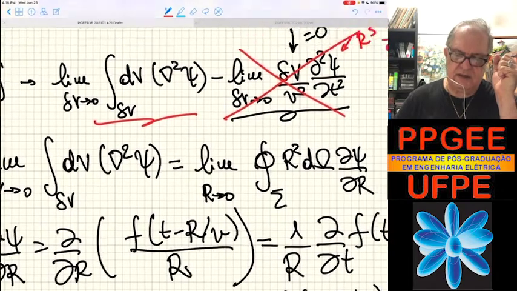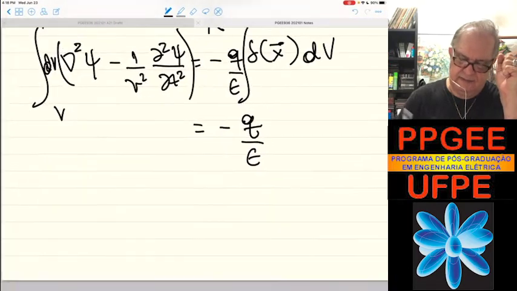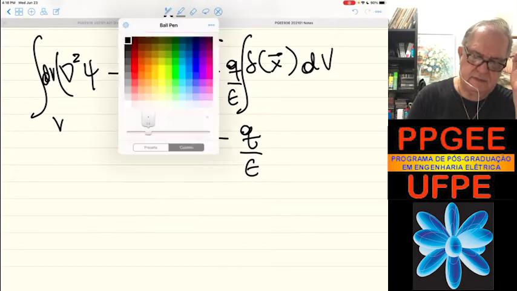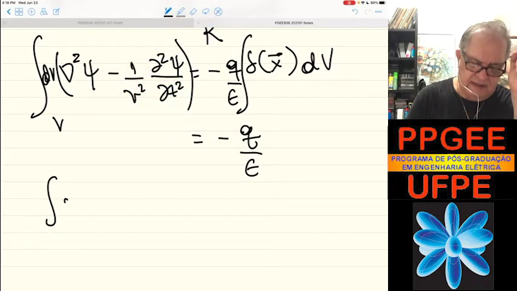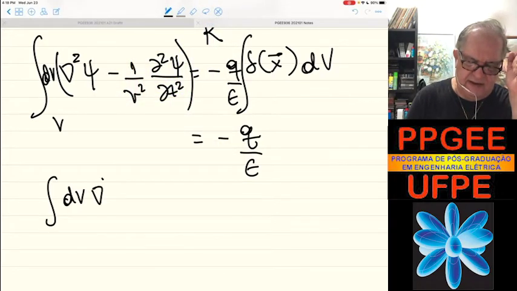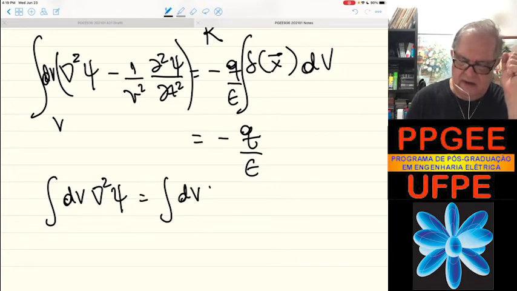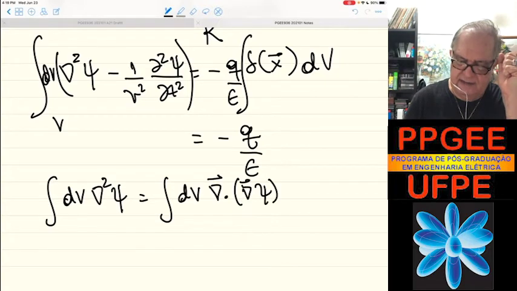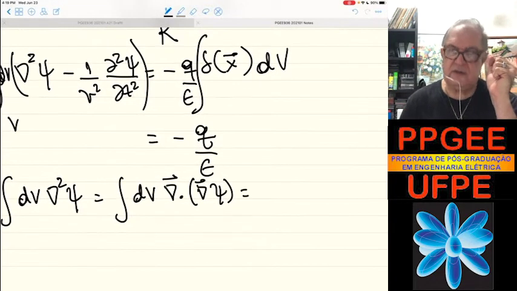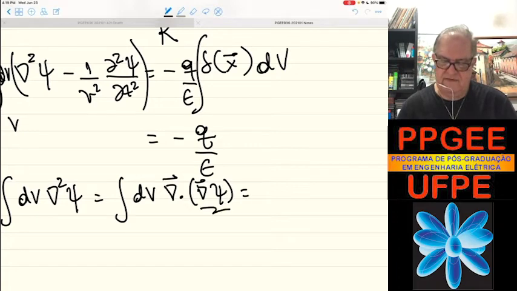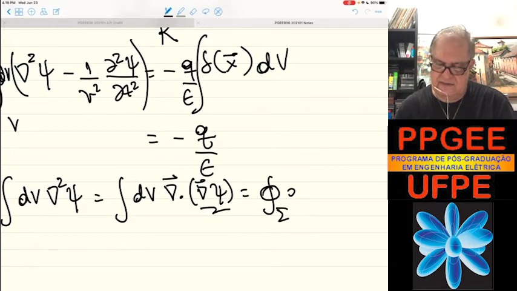So using Gauss's theorem, let's recall that. The volume integral of the Laplacian of psi equals the volume integral of the divergence of the gradient of psi, right? By Gauss's theorem, this is a vector, so it's going to be the surface integral of d sigma dot the gradient of psi.